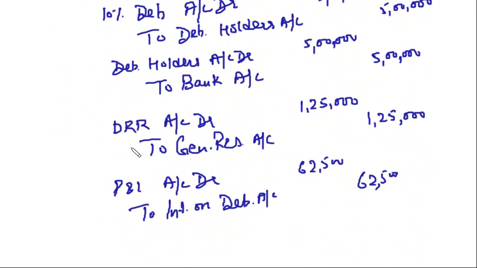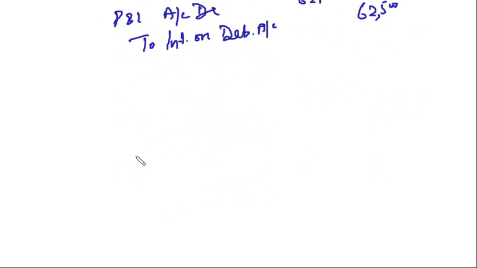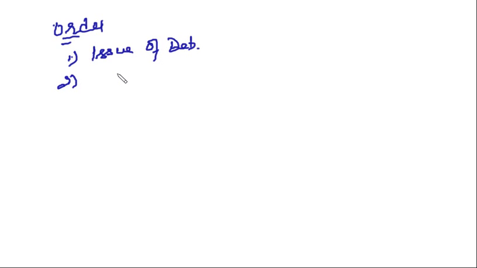So this is how you do the redemption of debentures on maturity in lump sum. I hope it is understood. So basically, what is the order of entries? Let us write down the order. First, you have to pass the entries for issue of debentures. Then, at the end of the year, you have to create DRR out of profits.